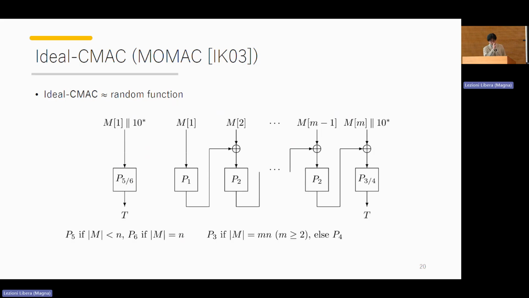And it can be shown that this is close to a random function. The proof almost follows from the proof of EMAC. It uses more randomness than EMAC, and the proof is close to the proof of EMAC.